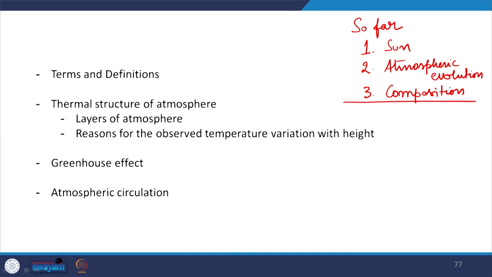So, in continuation to this, we have seen how the pressure and density vary with respect to height, right. So, now we will see the most important aspect, which is the temperature variation with respect to the height.